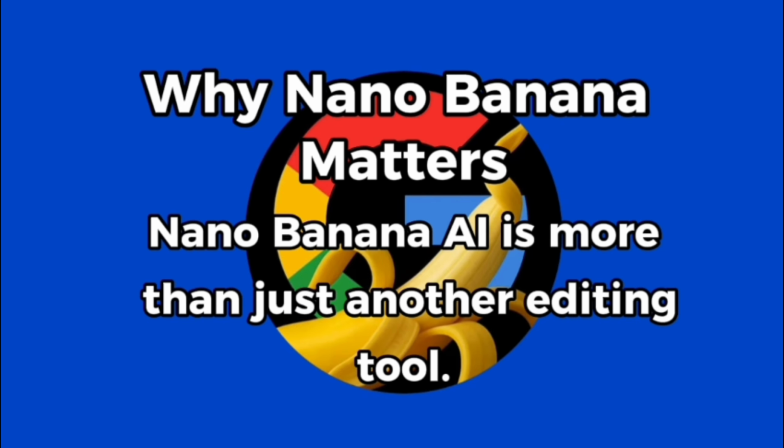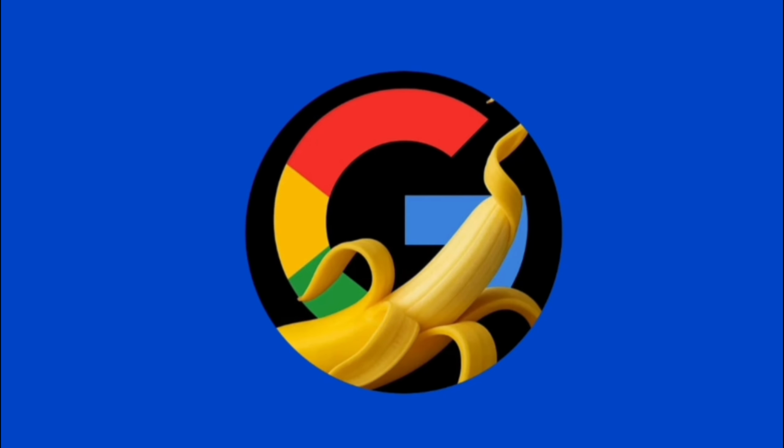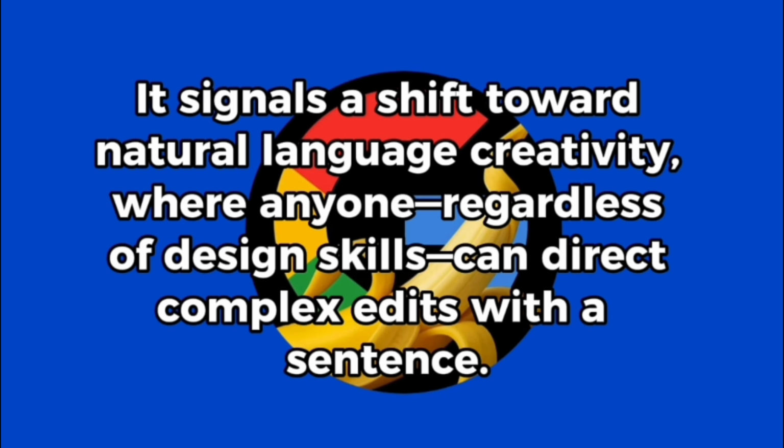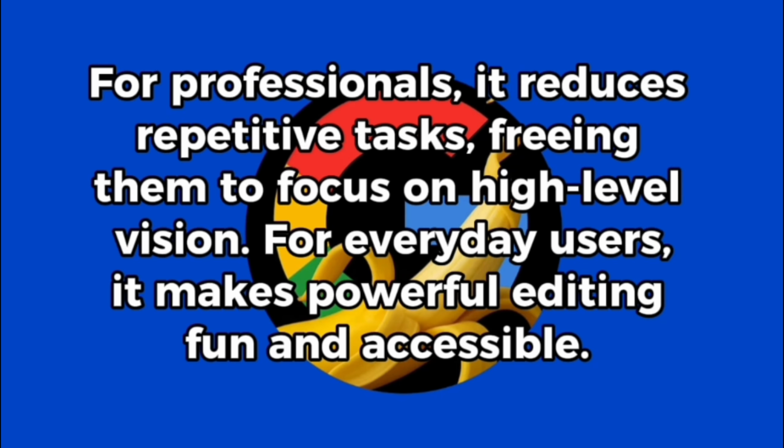Why Nano Banana matters. Nano Banana AI is more than just another editing tool. It signals a shift toward natural language creativity, where anyone, regardless of design skills, can direct complex edits with a sentence. For professionals, it reduces repetitive tasks, freeing them to focus on high-level vision.